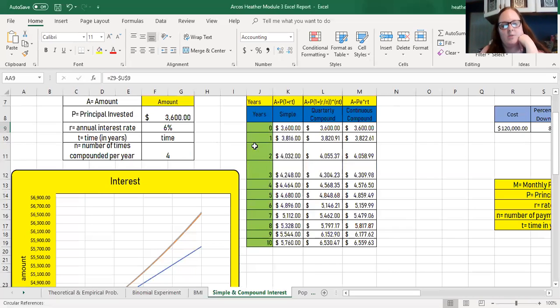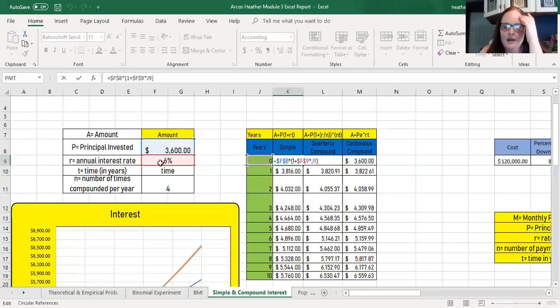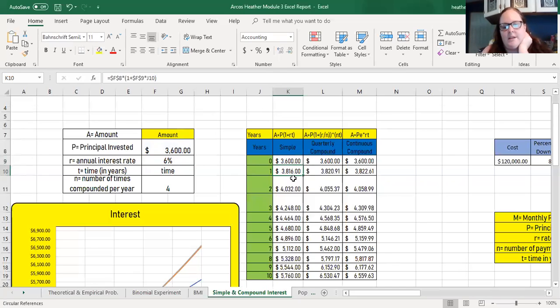And then we did the number of times compounded. That was 4. So on our simple interest, we took our principal, multiplied that by our interest rate, and then times the number of years. So that gives us that.